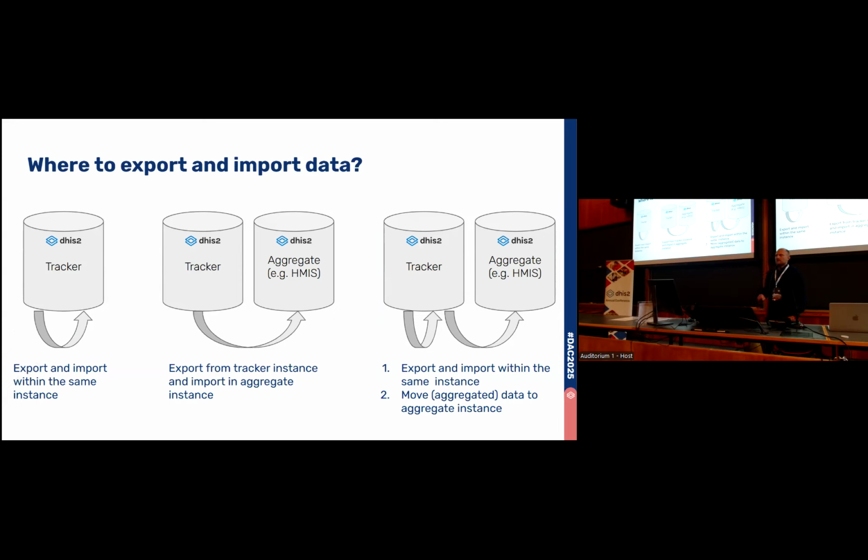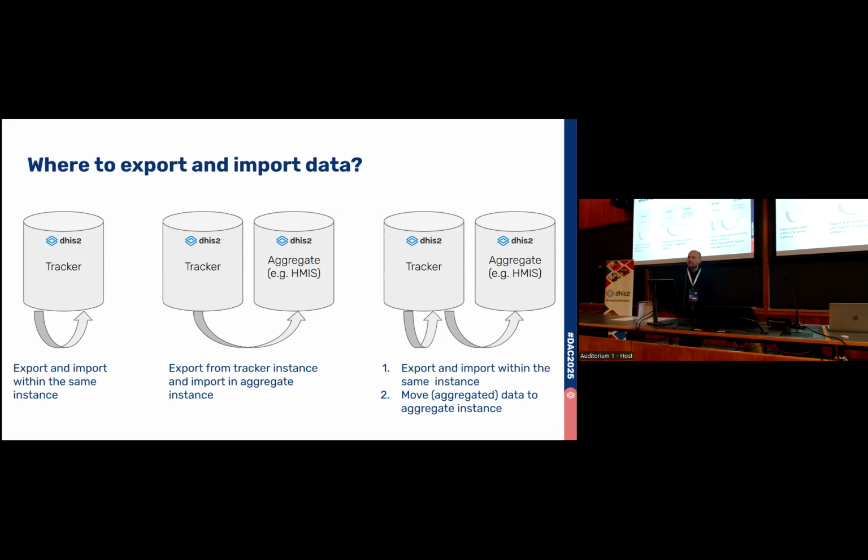One thing to keep in mind here is, if you just have one instance of DHIS2 with a tracker program, you would typically do all this tracker-to-aggregate work within that instance. You have your tracker, you do the tracker to aggregate, and you end up with your tracker and aggregate data within the same instance. What is very often the case is that you have multiple instances of DHIS2.